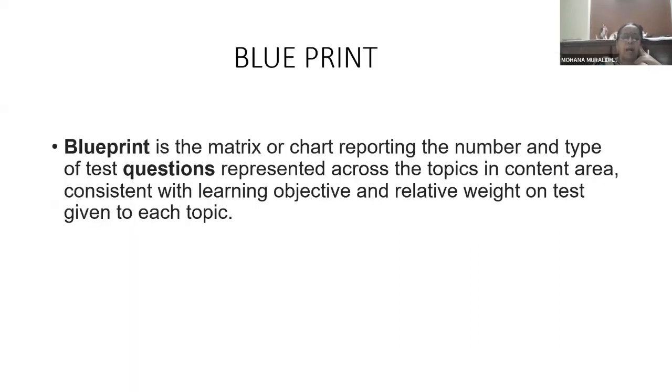It is a matrix or chart reporting the number and type of questions to be tested, represented across the topics in content, consistent with learning objectives and the relative weight on the test given to each topic. It would particularly say what it is.